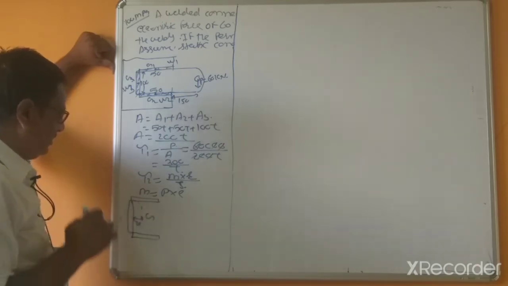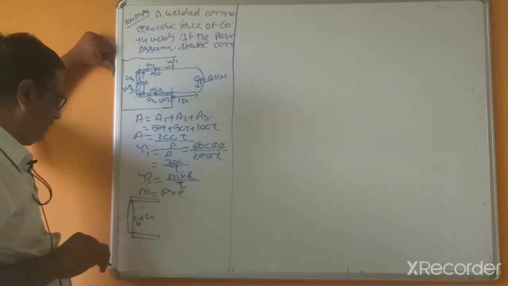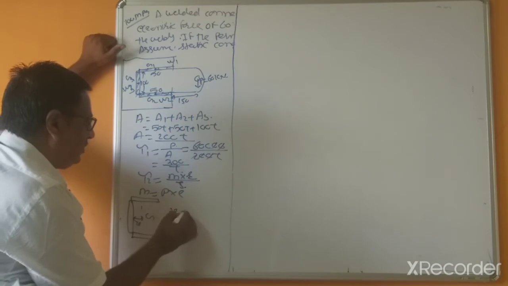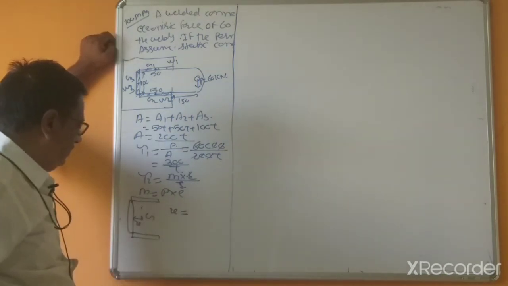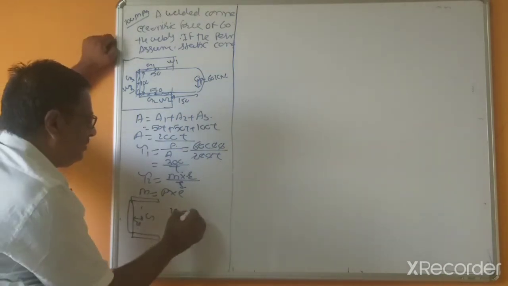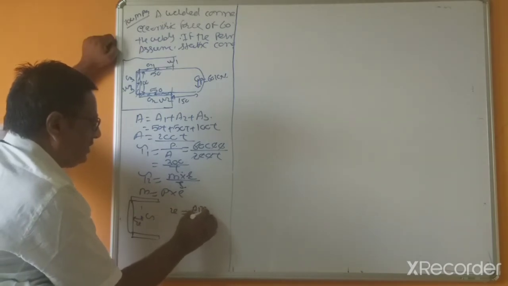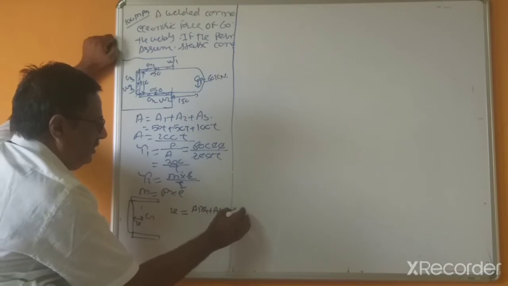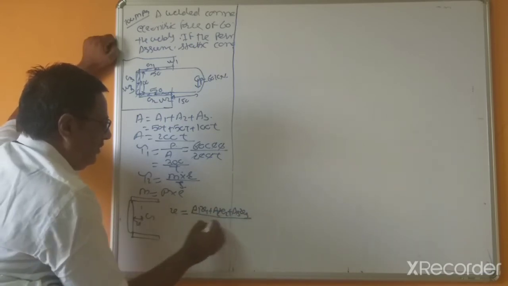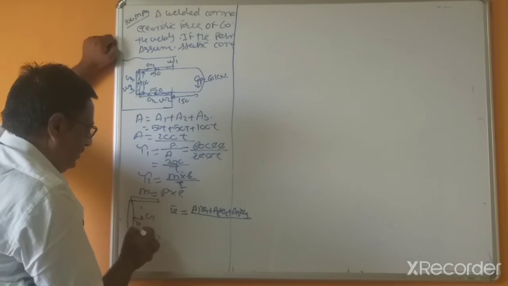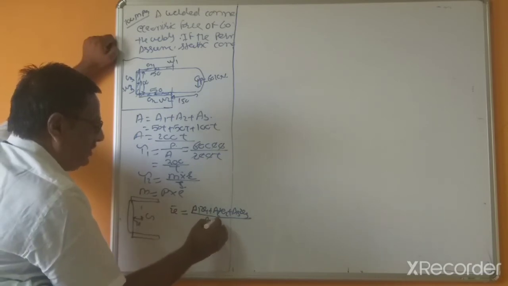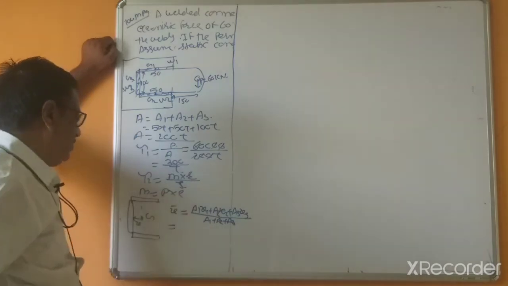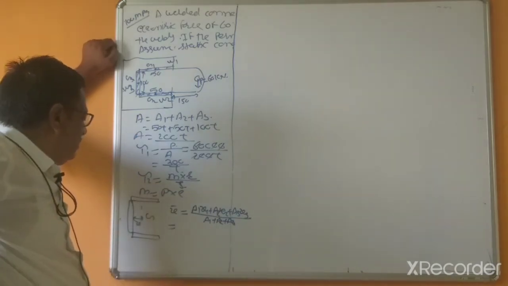This distance G equals. So how can you calculate? X bar equals summation of A1 x1, A2 x2 plus A3 x3 divided by A1 plus A2 plus A3. Right?